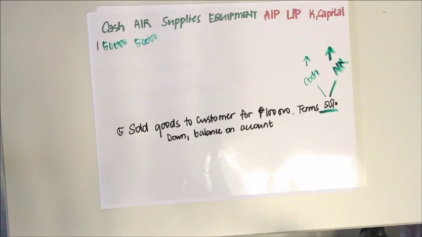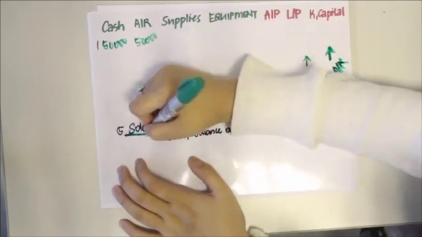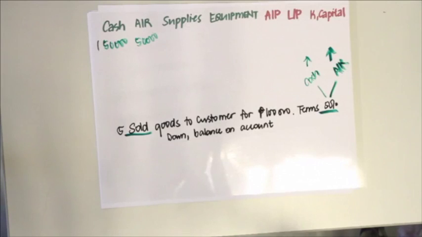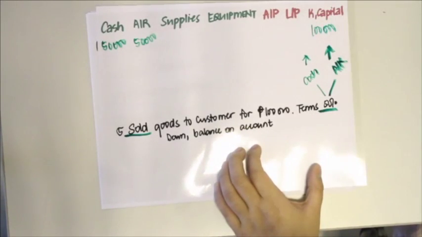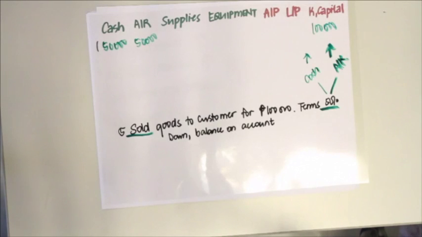Now, considering the equation earlier, A is equal to L plus C, there must be an increase in your capital or liabilities, or a decrease in your cash. So in this case, there was a sale, and as I said before, a sale causes an increase in your capital, and therefore you have to record a 100,000 increase in capital. And how do you record this transaction?